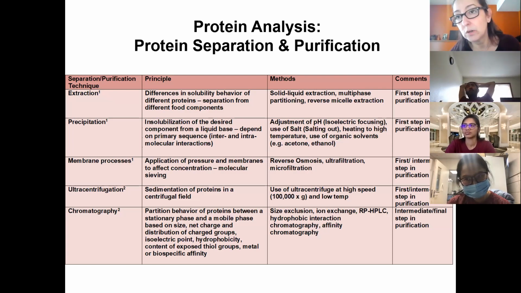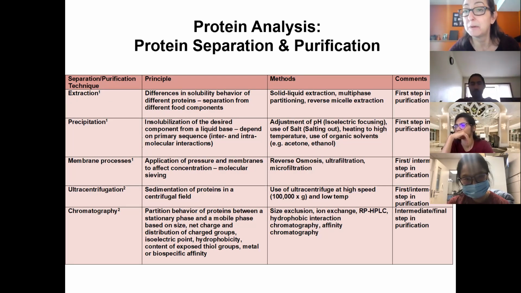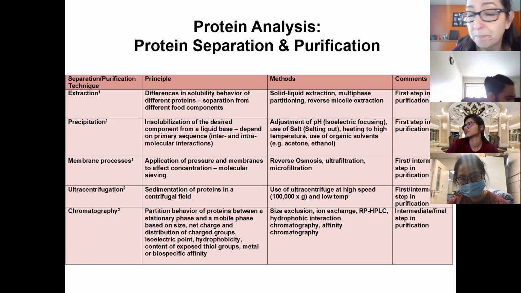If it is a starchy material, you can precipitate the starch. If it's a fibrous material, precipitate the fiber and solubilize the protein. So it is basically having different phases and different solvents that will help you get the protein into solution.